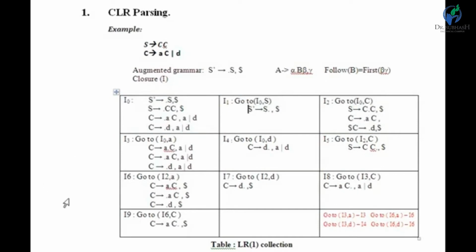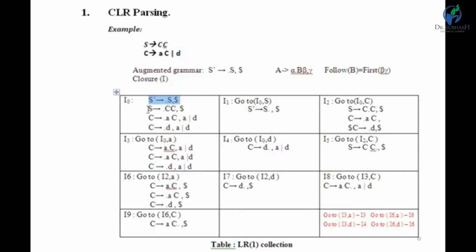Next, find I1, which is goto of I0 on S. In the I0 state, move the dot after S. In I0 you have only one production in which after the dot there is S, which is S' gives dot S. So S' gives S dot, and the look ahead is dollar.